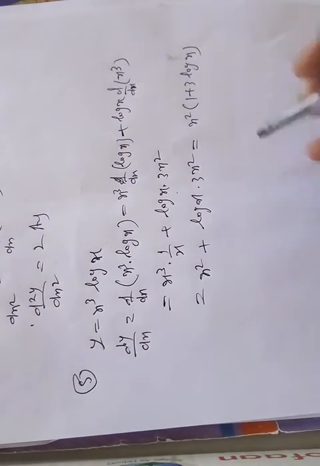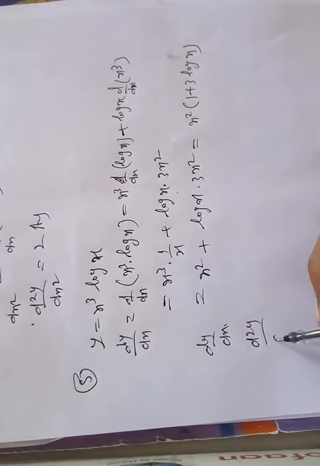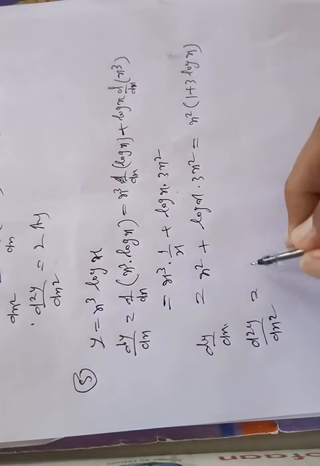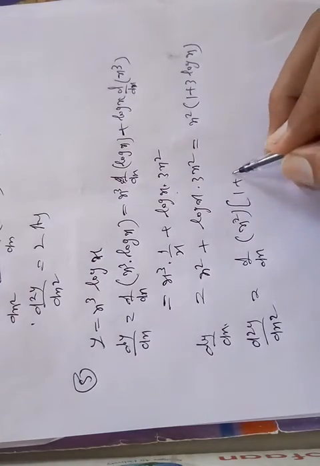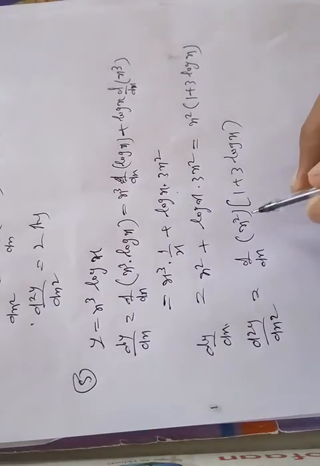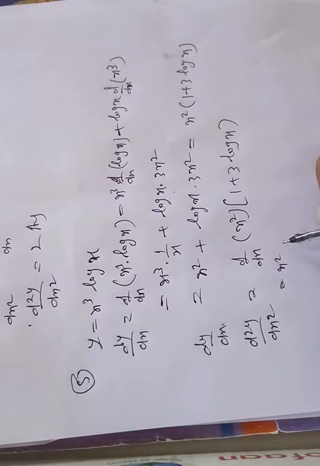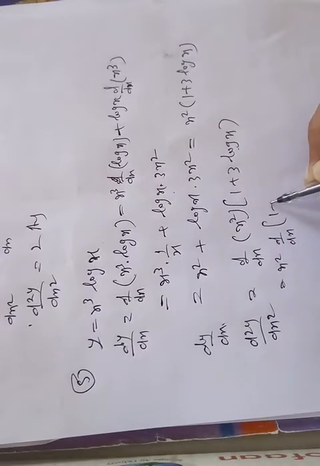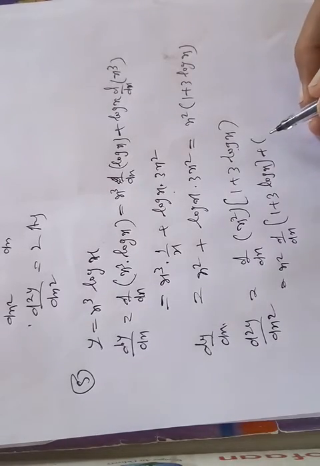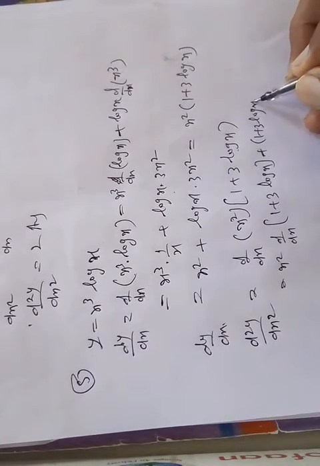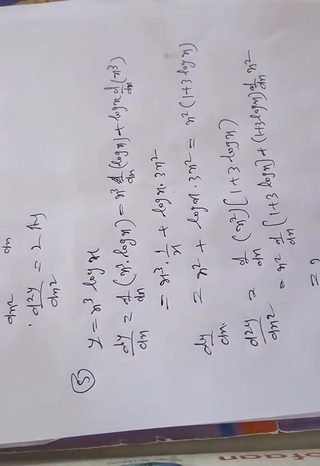This is the first order derivative, and for the second order derivative we take d/dx of x square times (1 plus 3 log x). Two functions are given, so use the product rule: x square times d/dx of (1 plus 3 log x), plus (1 plus 3 log x) times d/dx of x square.